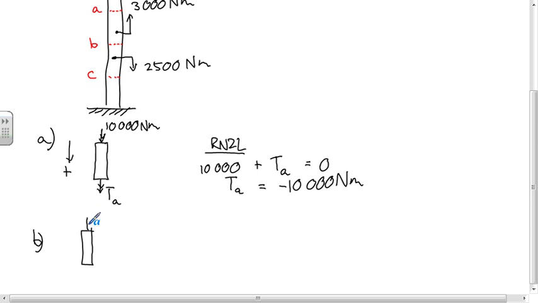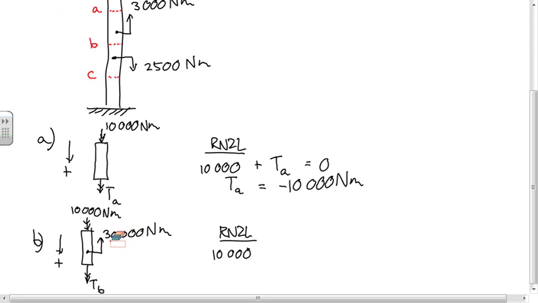So now we have a couple of 10,000 Newton meters there. And we also have a couple of 3,000 Newton meters there. Call that the positive direction. And then we have this couple TB that's applied by the rest of the body. So the rotational equation says positive 10,000.